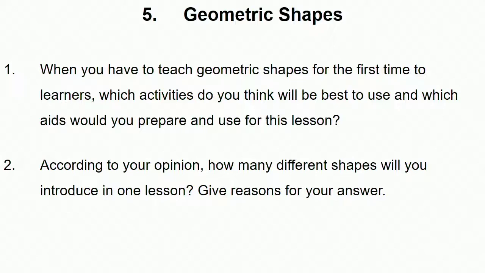And let the marks guide you. If it's only 4 marks or 3 marks, you have to say which activities and what you will prepare. But if it's for 6 marks or 8 marks, you have to really say which activities, what you will use, and describe more what aids you will prepare and how you will use them.